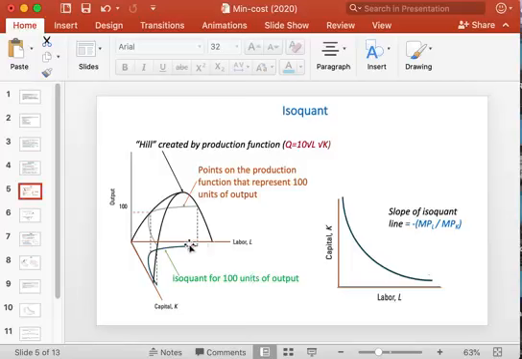If we represent this isoquant line only on a two-dimensional graph, then it looks like this.